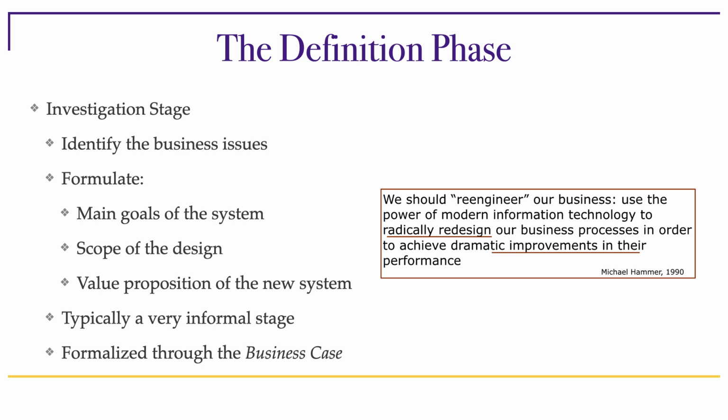In Chapter 2, we talked about business process reengineering, and you may remember that the manifesto of business process reengineering was to use the power of modern information technology to radically redesign our business processes in order to achieve dramatic improvement in their performance. So if you think about this, you apply this thought process to a business process or an activity in your organization.